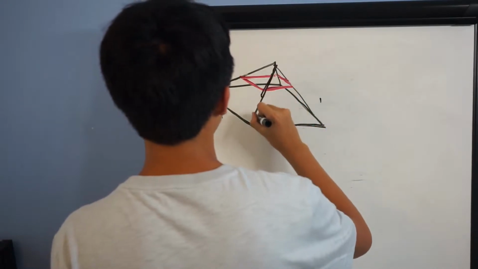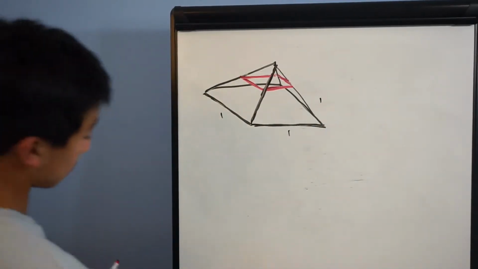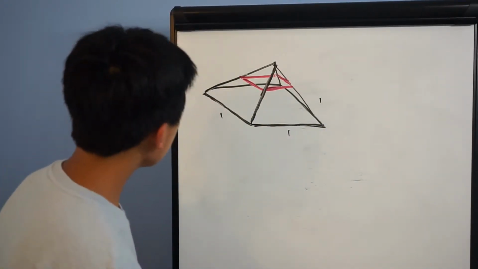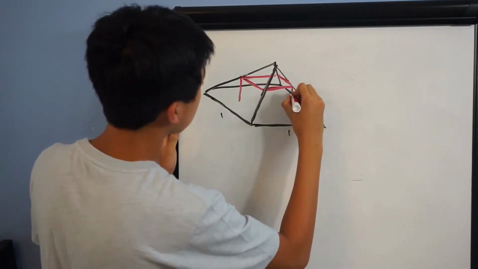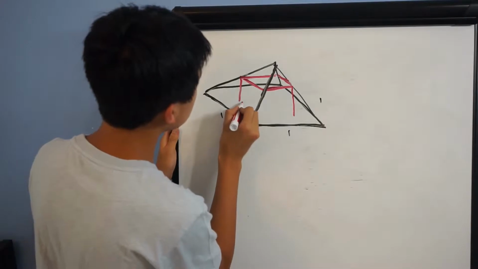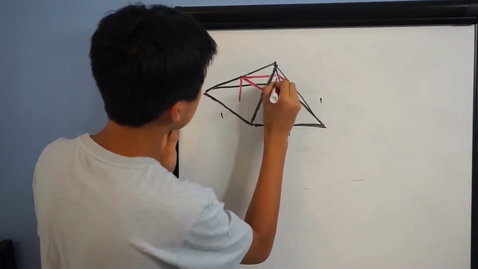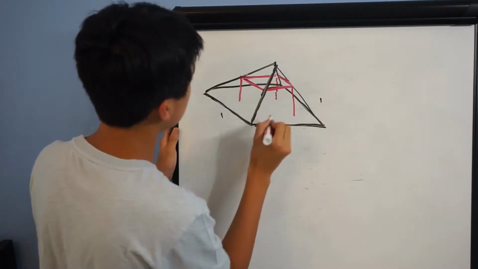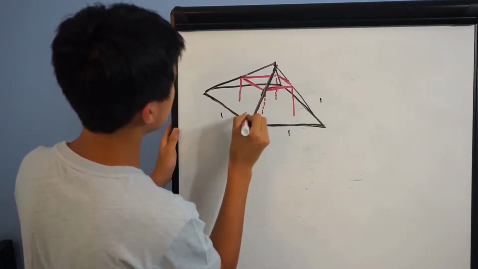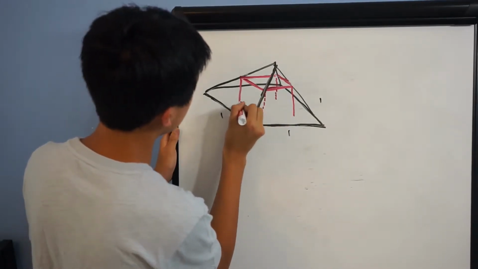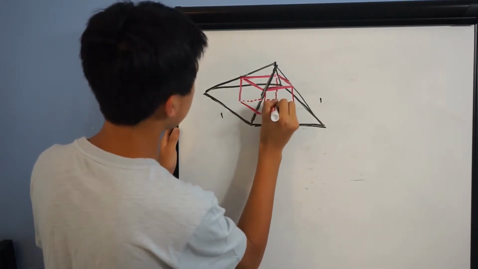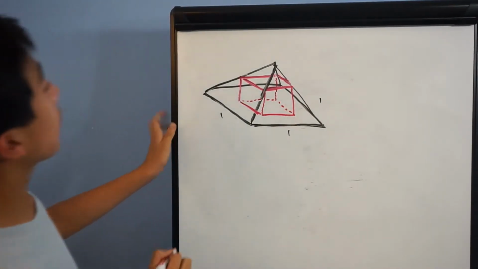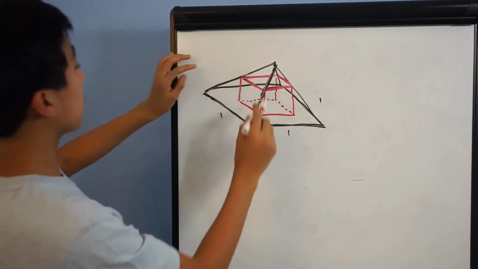Let's just draw this segment over. And it extends downward since it's a cube. So this is just a quick sketch. This should be solid, and this is dotted. So we have our cube in this square pyramid.